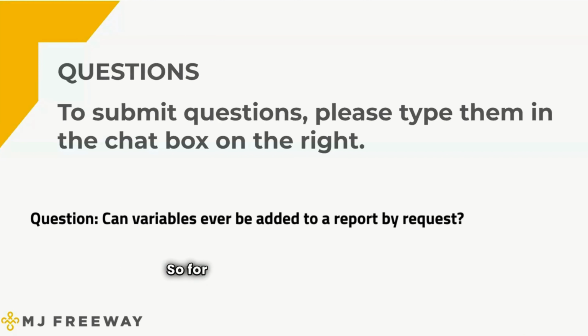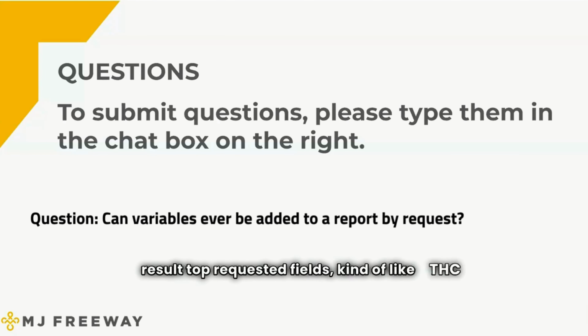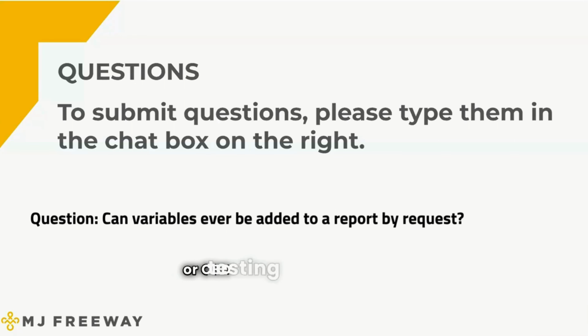So for context, most of the time we make each of these data sets as wide and with as much breadth of information as we can, but there are certain pieces that we keep separate, like lab results, again, from inventory. In inventory, we do provide several of the top requested lab result fields, like THC or CBD testing results, but the entire lab result test has hundreds and hundreds of actual lab results.